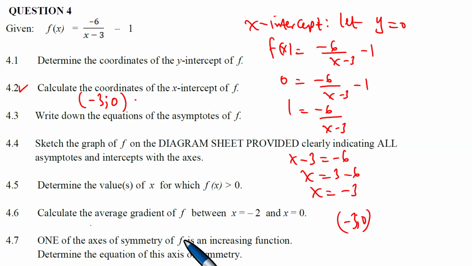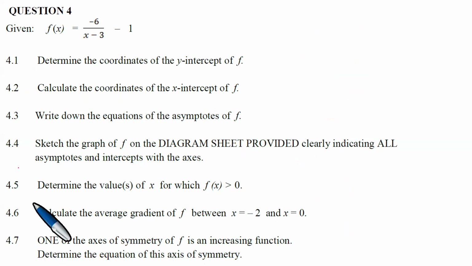Right, so now in the next question, 4.3, you need to write down the equations of the asymptotes of f. Right, Sanulo, what are the equations of the asymptotes? What do you think?